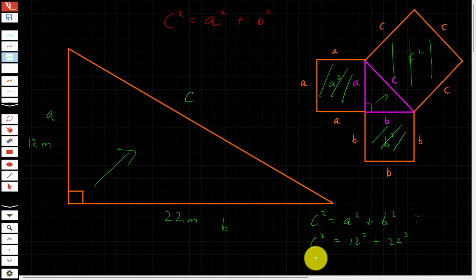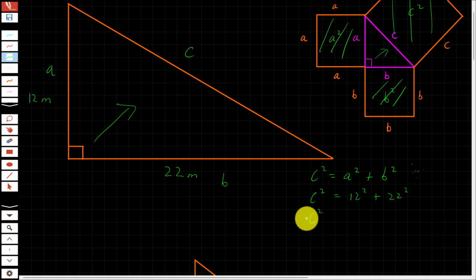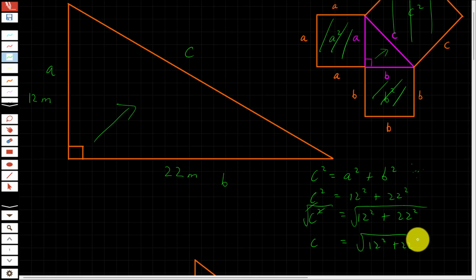So we would take the square root of the left hand side is equal to the square root of the right hand side. So the square root will cancel out with the square, and that will leave us with C equals the square root of 12 squared plus 22 squared.